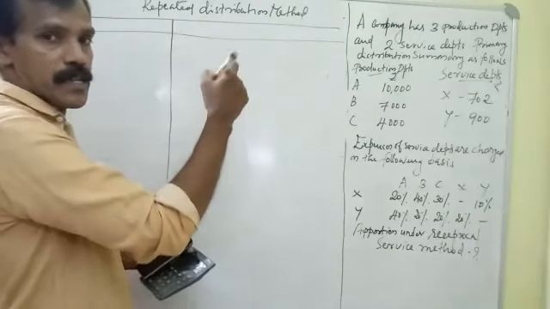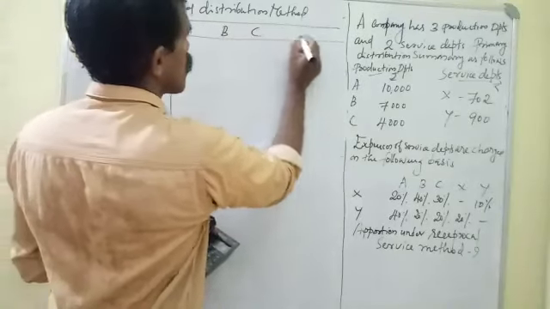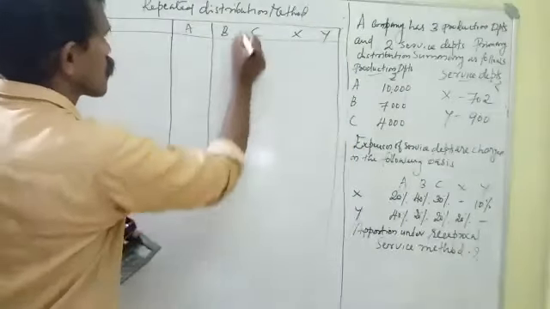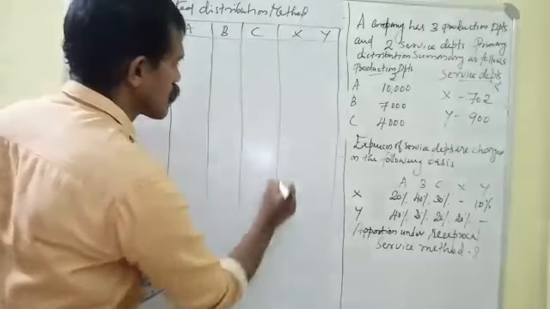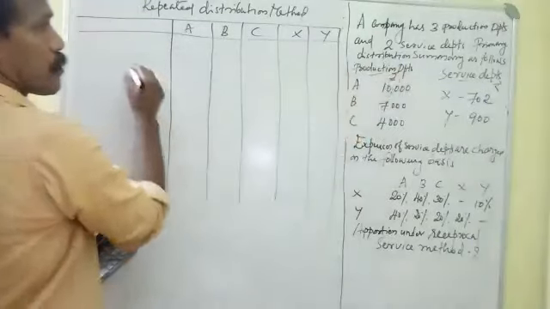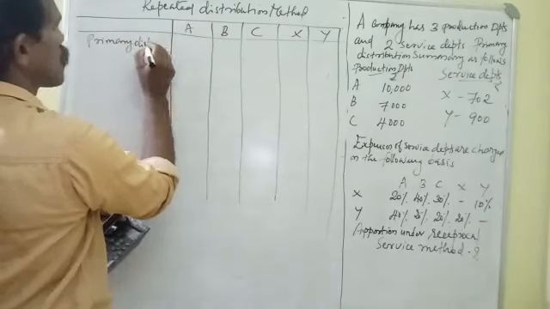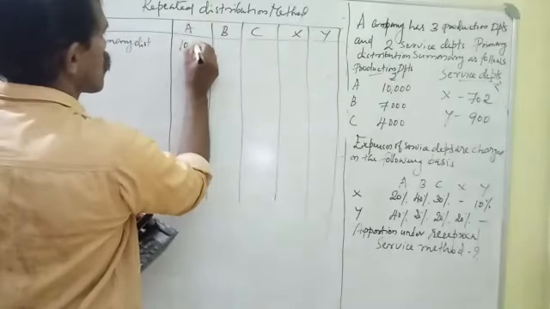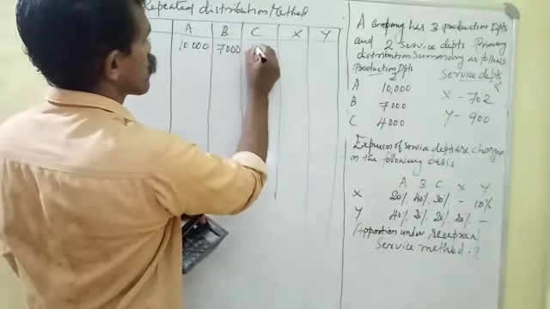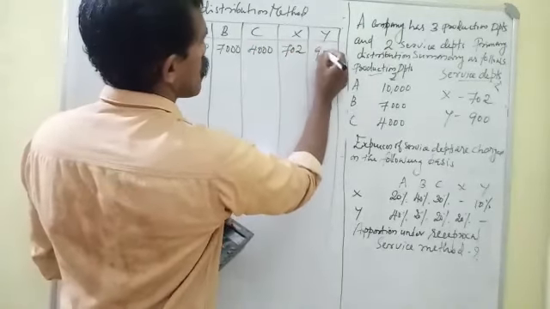We have three production departments and two service departments, A, B, C, then X, Y. Firstly, we write the primary distribution summary: amount for A 10,000 and for B 7,000 and for C 4,000, then X 702 and Y 900.